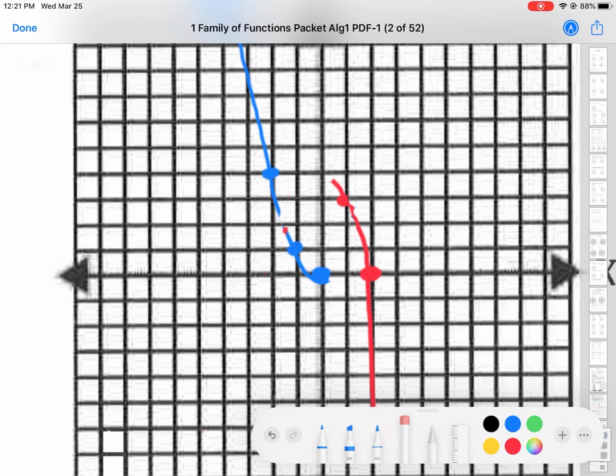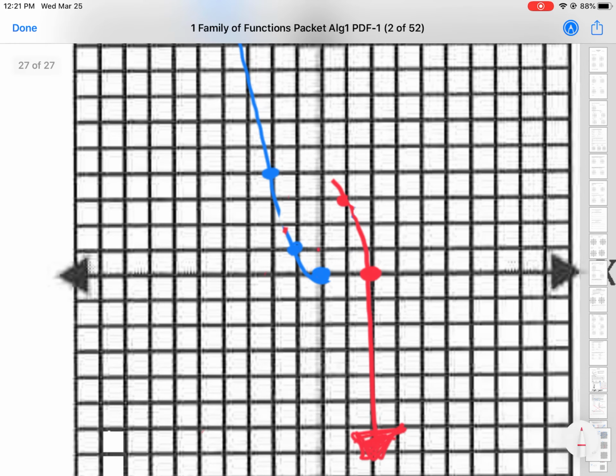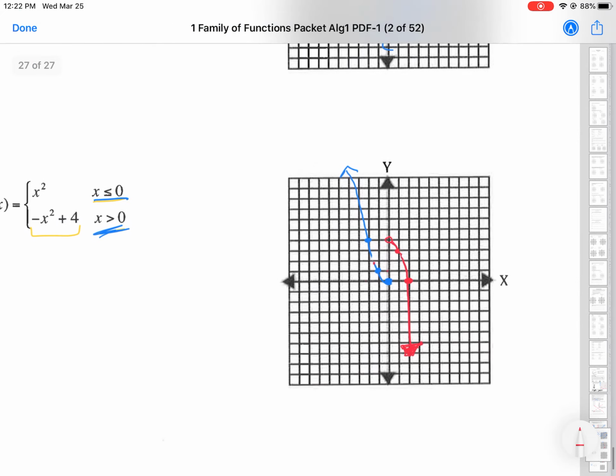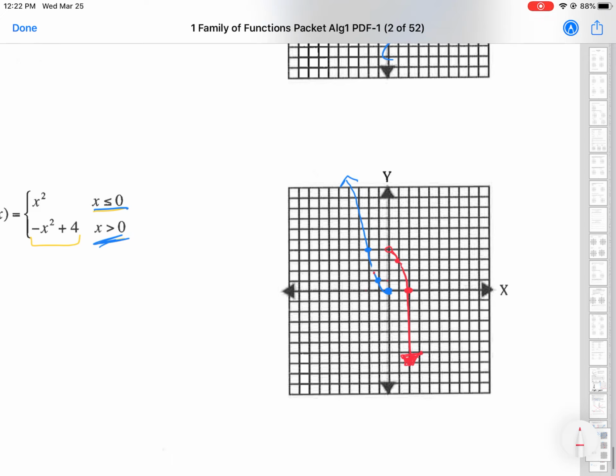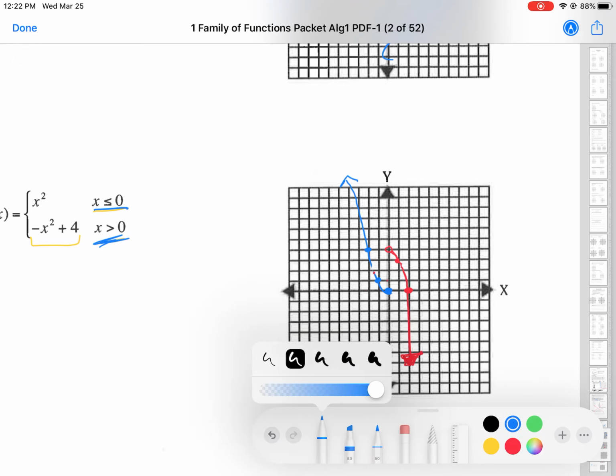Now, x is greater than 0. So at the point when my x value is 0, it needs to be an open circle. Because when you have x is greater than 0, it has no little line underneath the inequality sign, so you have an open circle. So this is what this graph would look like for a piecewise function.